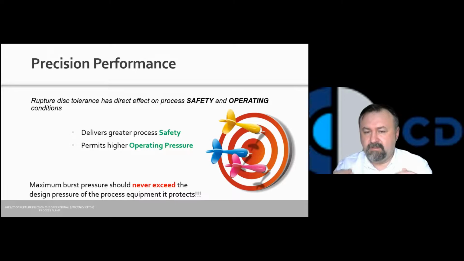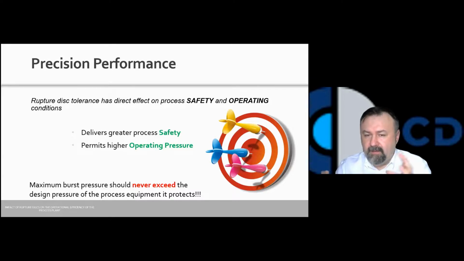It still allows us to increase all the other things, like the maximum allowable working pressure ratio, to bring it up and allow us to operate a process a bit more intensely without a detrimental effect on either safety or what we're trying to achieve as an operation. Because everything is related, if we can move the burst pressure closer to the design pressure of the process without compromising safety, then it allows us to do so much more within the process itself that we couldn't do before.